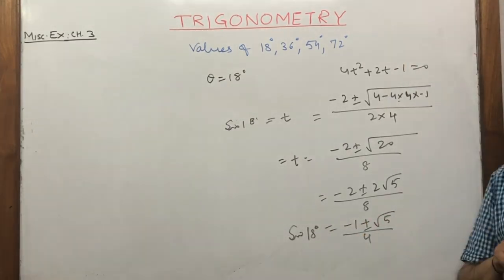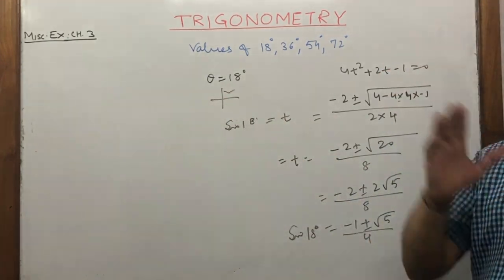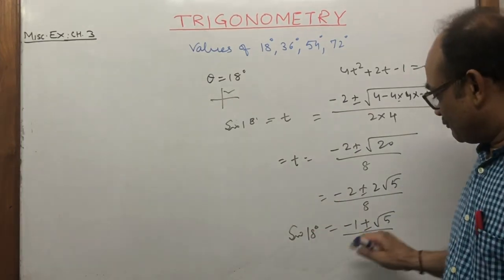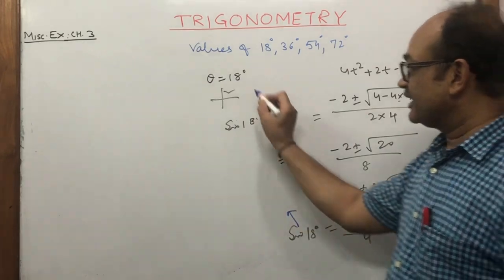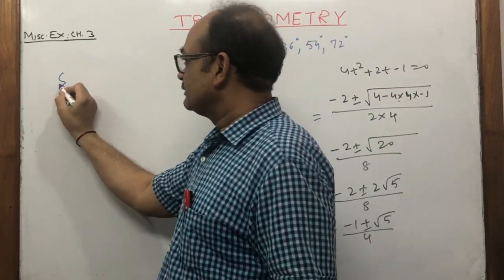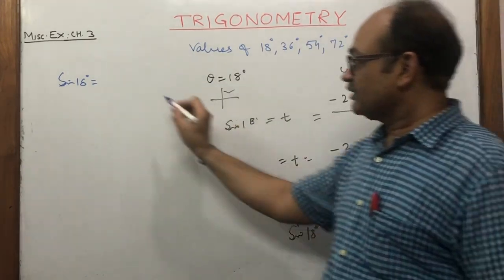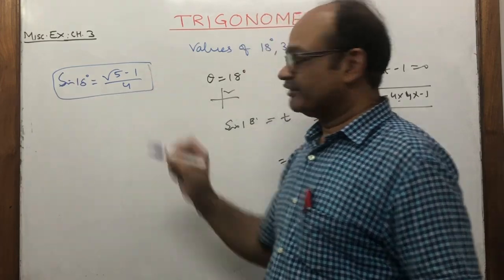We have two options, but 18 degrees is in quadrant number first, and quadrant first means all values positive. Hence, we will not take the minus sign. So sine 18 degree is only positive: root 5 minus 1 by 4 is the first value.